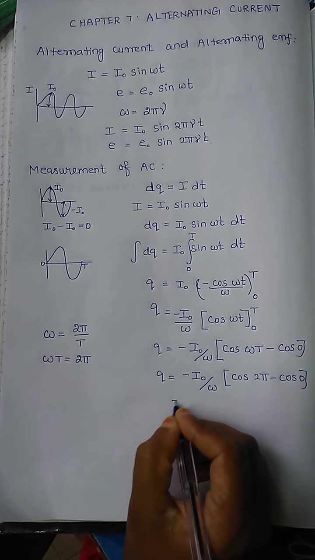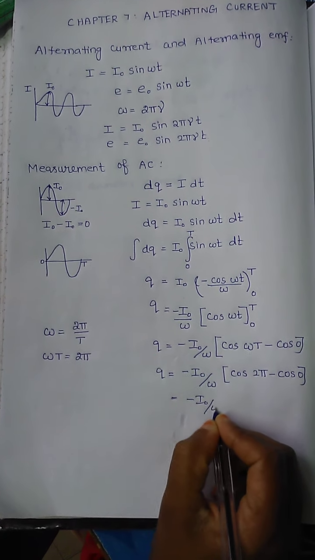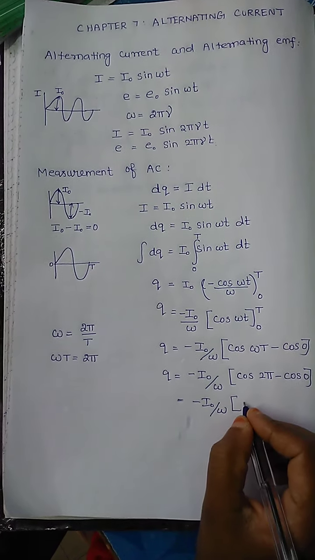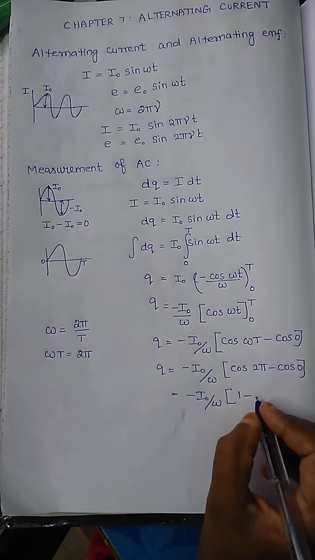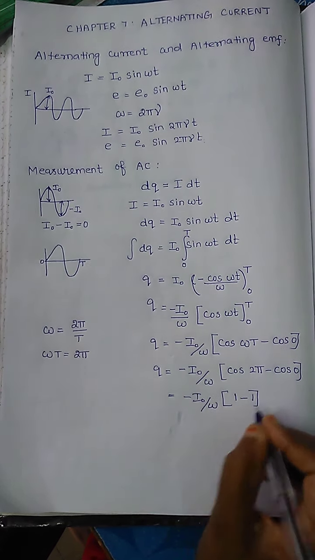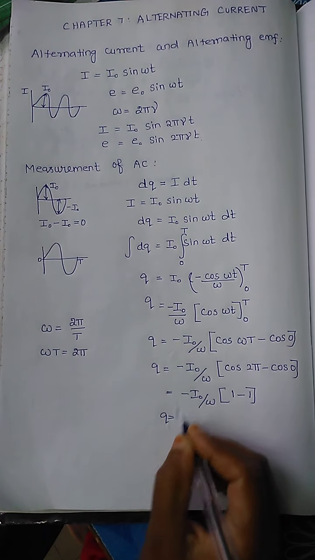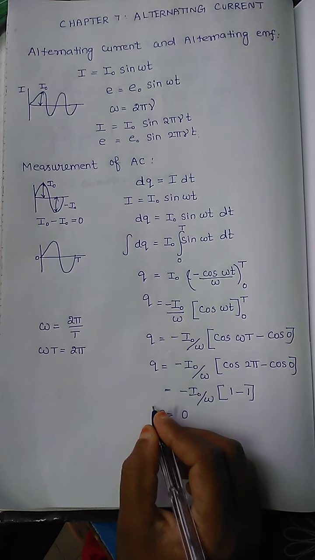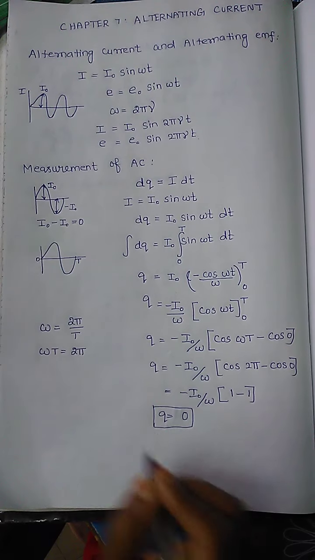The value of cos 2 pi is equal to 1, and cos 0 is also equal to 1. So 1 minus 1 is equal to 0. Therefore, the charge passing in the circuit over a complete cycle is equal to 0.